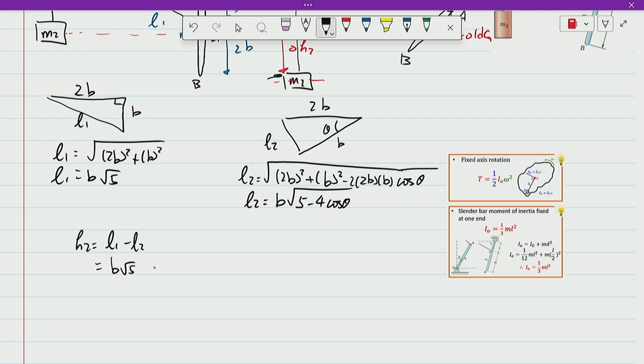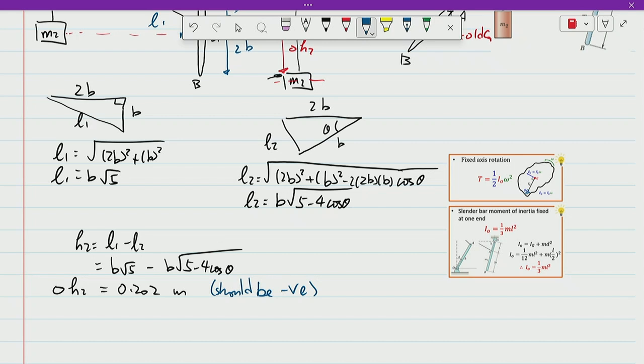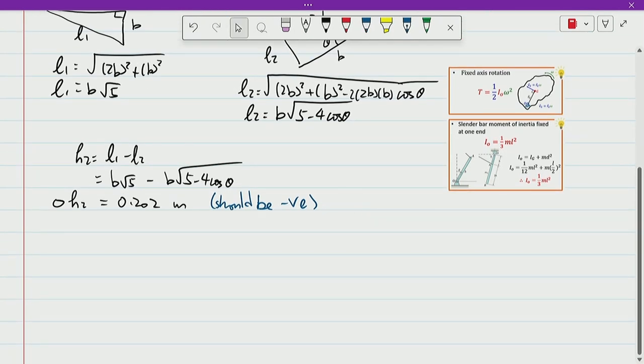So b square root 5 minus b square root of 5 minus 4 cosine theta, giving us 0.202 meter for H2, or delta. We do need a negative sign, but we'll apply it later on. Questions on delta H2?